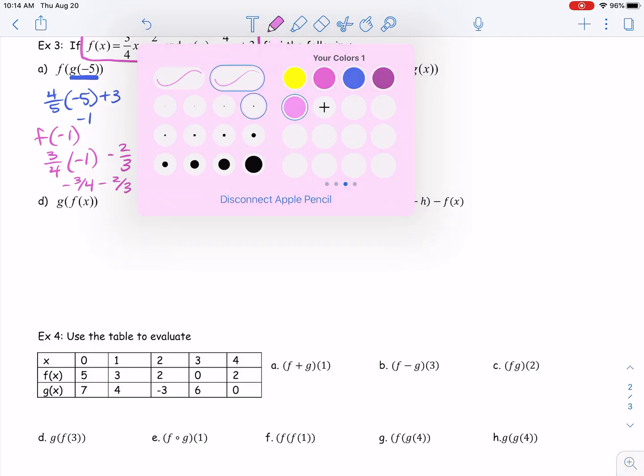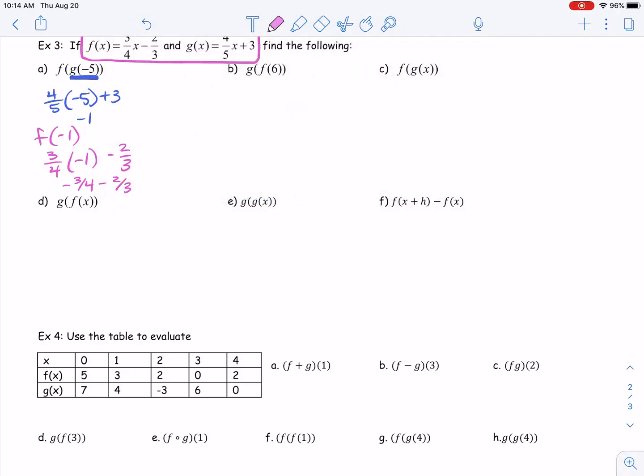That common denominator is obviously going to be 12. And so this becomes negative 9 over 12 minus 8 over 12. And now I can combine those two and I get a negative 17 over 12. I can leave that as a reduced improper fraction.